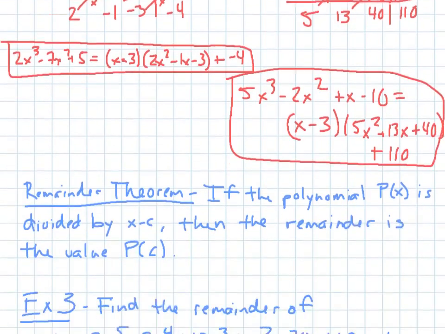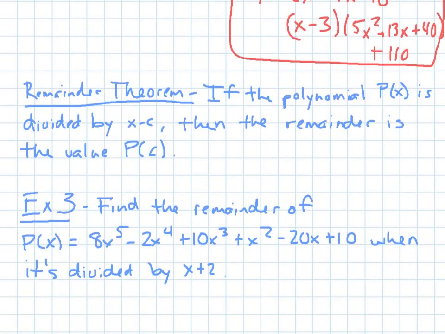Okay. Now next thing would be remainder theorem. So here, if a polynomial p of x is divided by our binomial, so the one that we use for synthetic division, then the remainder is going to be the value of p of c.